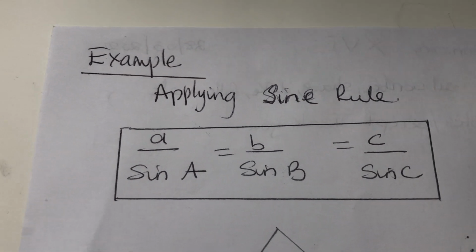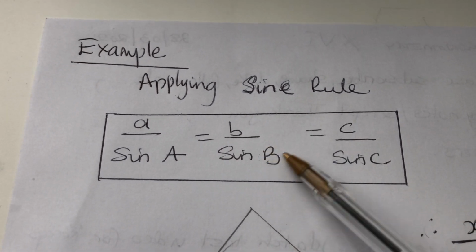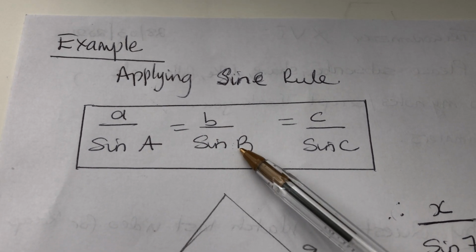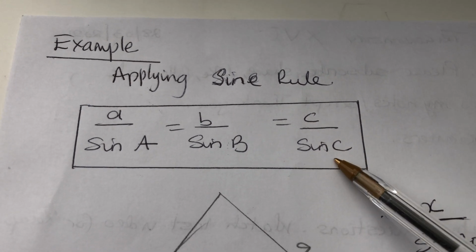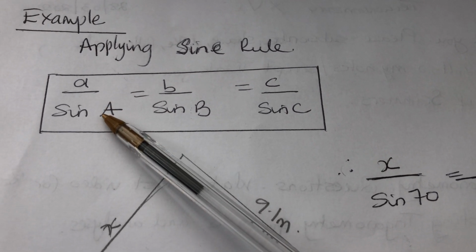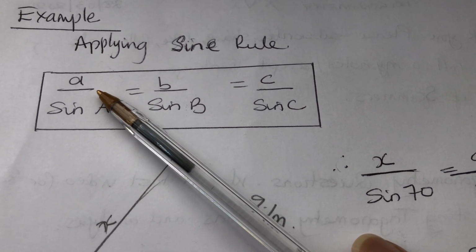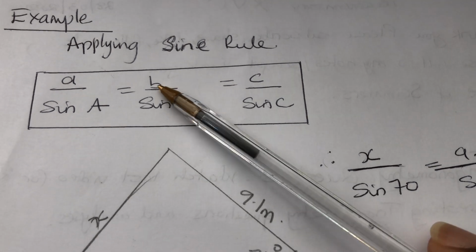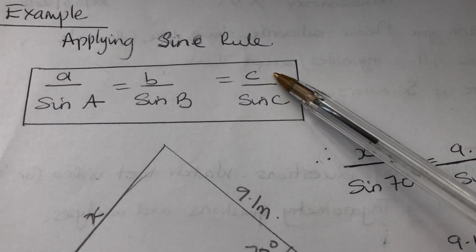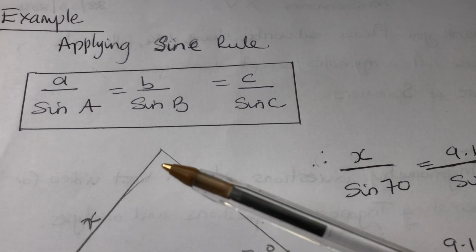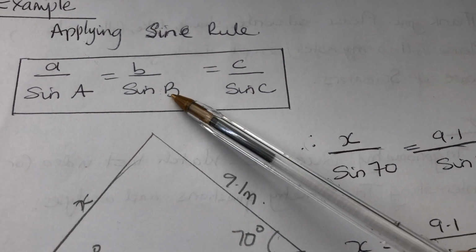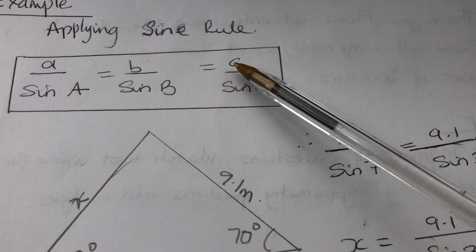Now there's another example I want to show you. We learned how to use the sine rule: a over sine A equals b over sine B equals c over sine C. For the angle at A, you use the length opposite A. For the angle at B, use the length opposite the angle at B. The angle at C, you use the length opposite C. And the flip side is also true: sine A over a equals sine B over b equals sine C over c.